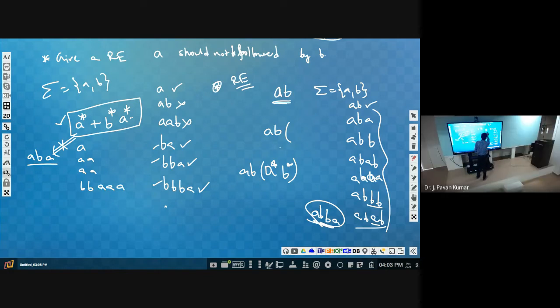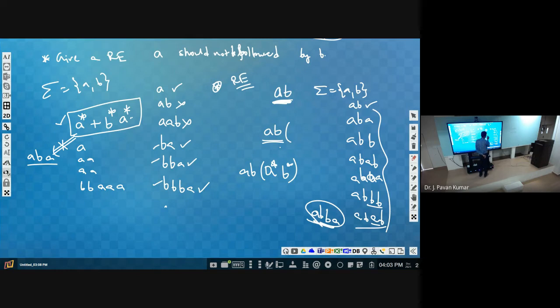Now come back to this question. It should start with AB. This is the mandatory thing. Afterwards, we can have A, or we can have B, or we cannot have anything also.